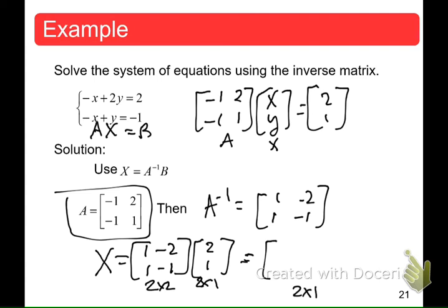And what do I have? The first times this, I have 2 plus -2. And did I write this right? Yes, sorry. And then I have 2 plus -1.